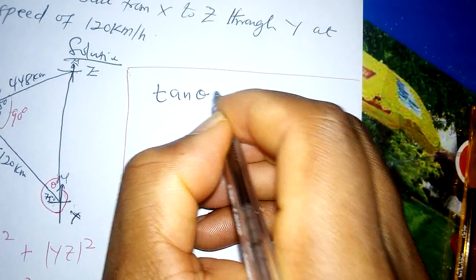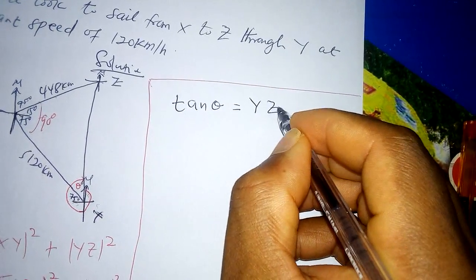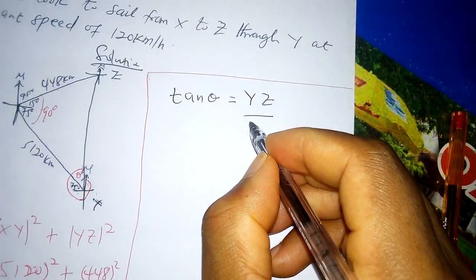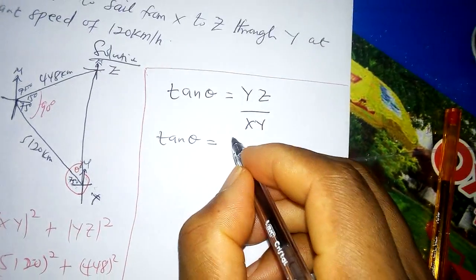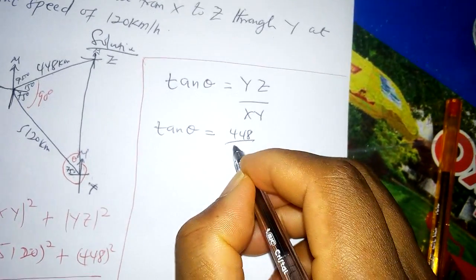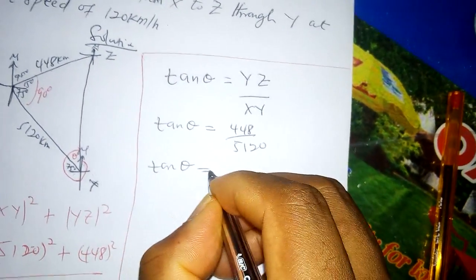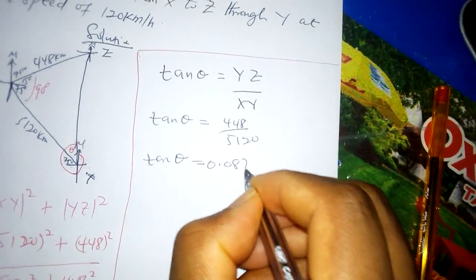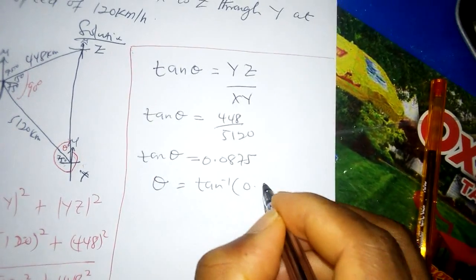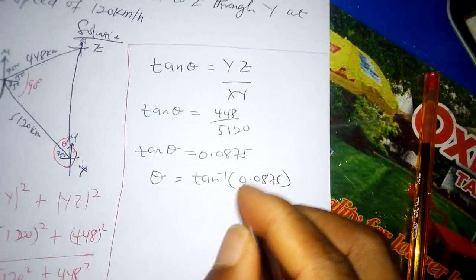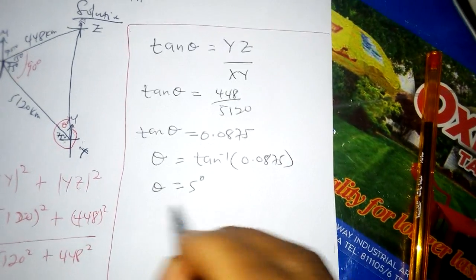Tan theta is equal to opposite, which is YZ, over adjacent, which is XY. So tan theta is equal to 448 over 5120. If I crunch that, tan theta is equal to 0.0875. Therefore I find the inverse: tan inverse of 0.0875 gives me 5 degrees. That's my theta.